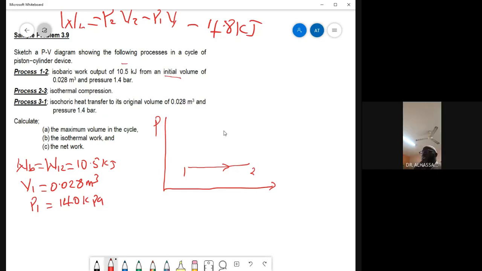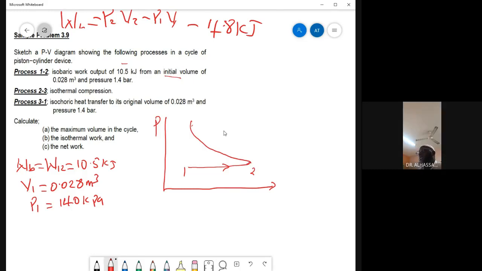Okay? So now we have isothermal compression. Compression means the volume is reducing, and the isothermal line is represented by this.